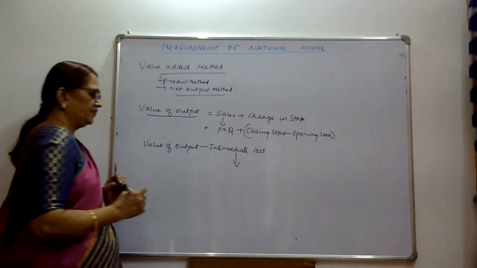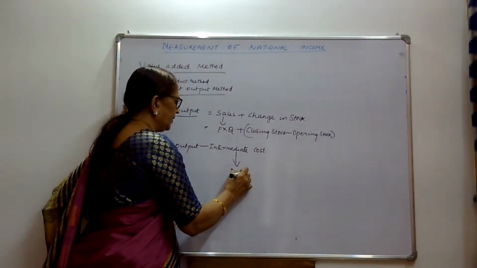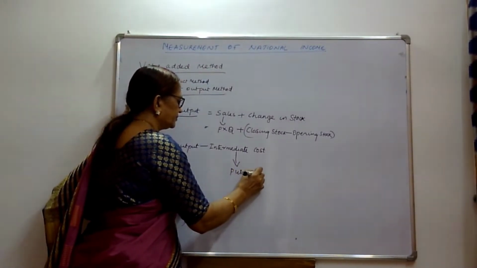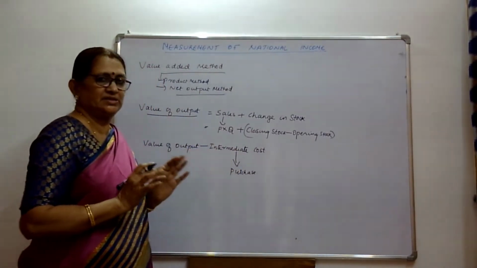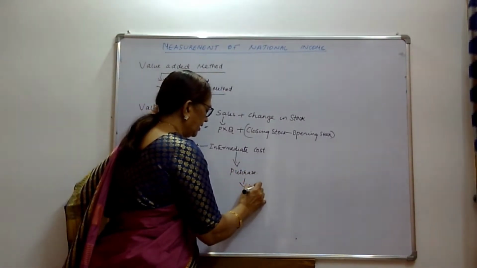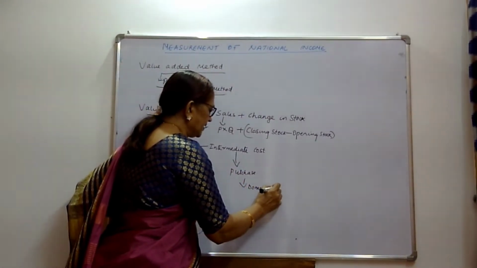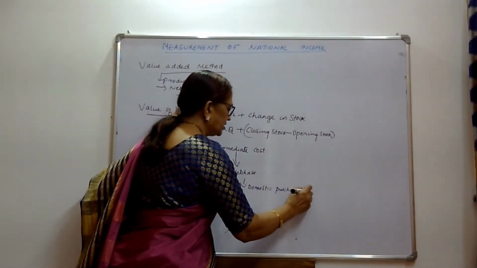Intermediate cost is known as purchase. So, intermediate cost is purchase. Purchase means domestic purchase plus imports.